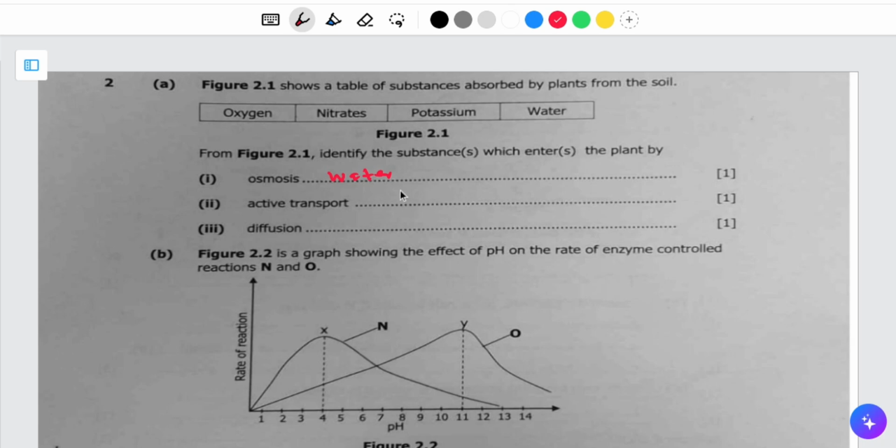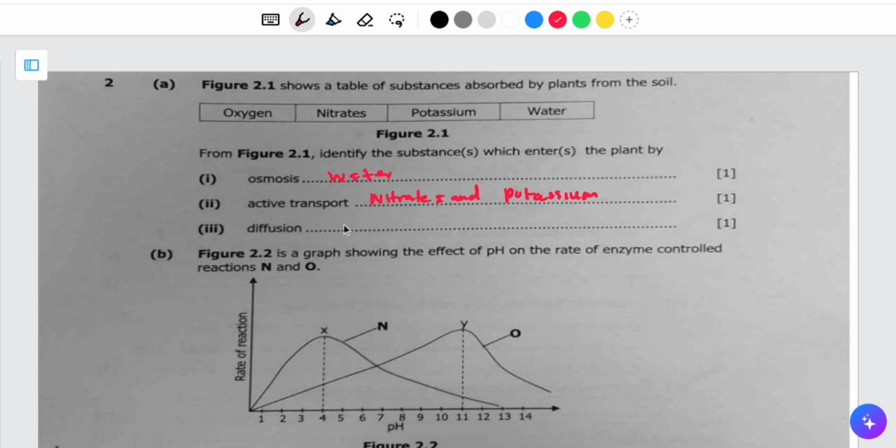The ions use the ion channels to enter the membranes. As we can see here, we have the nitrates as well as the potassium. These are ions, so the nitrate and the potassium use the ion channels.